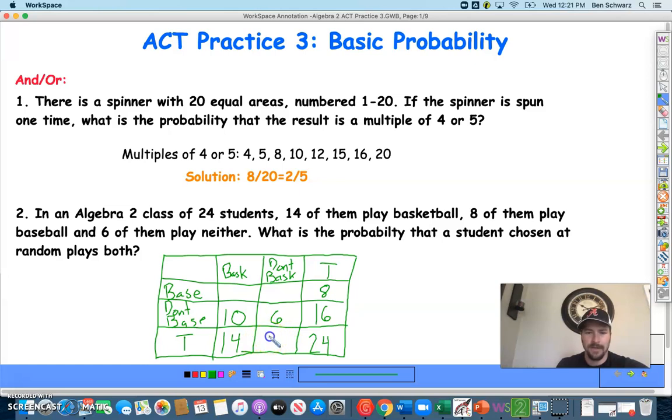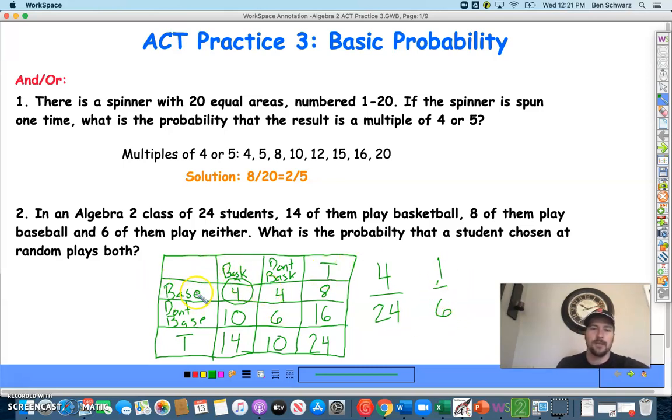And here we'd also have a 10 to get to our total of 24. To get to a total of 10 down here, we would need 4. And to get to a total of 14 down here, we would need 4 that play both. So 4 play both. Then we take 4 out of our 24 kids, which reduces to 1 out of 6 chosen at random would play both.